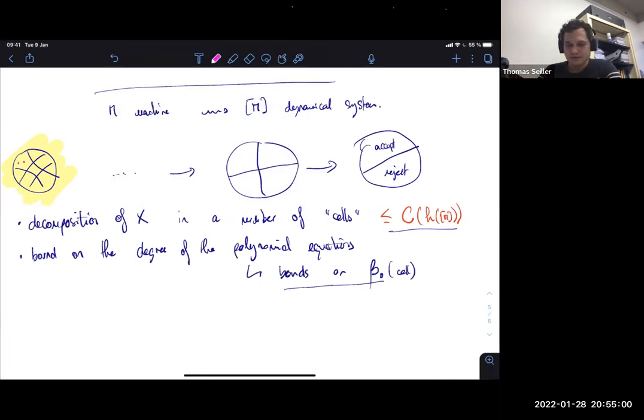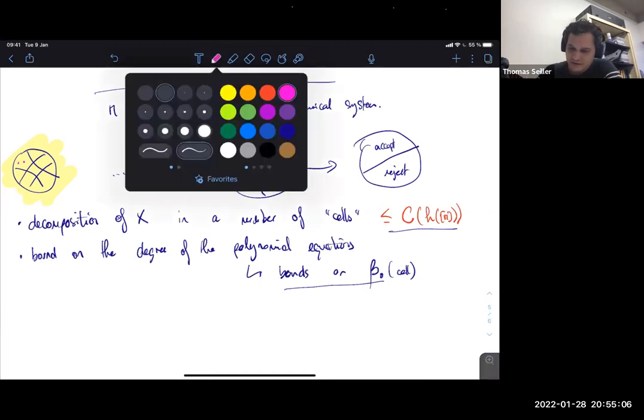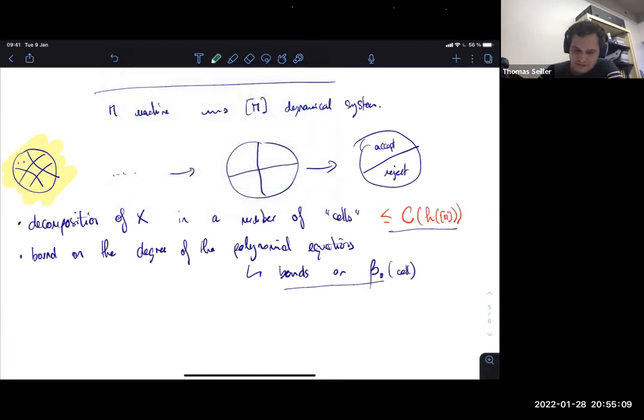So that means that if your machine computes a subset in case steps, this subset is actually described as a union of these cells, right?